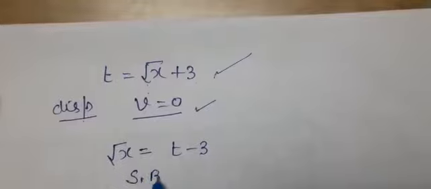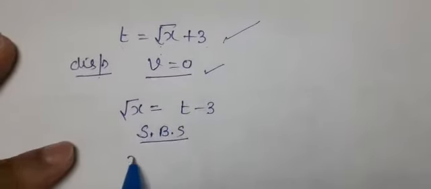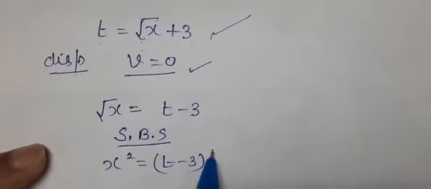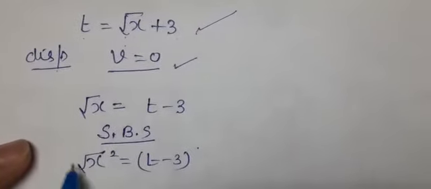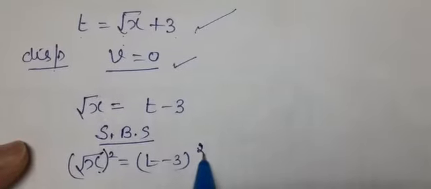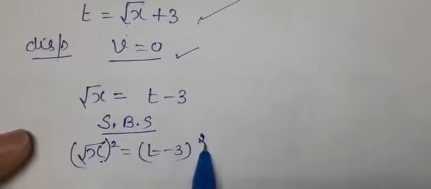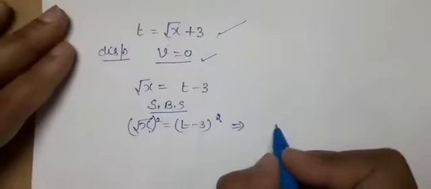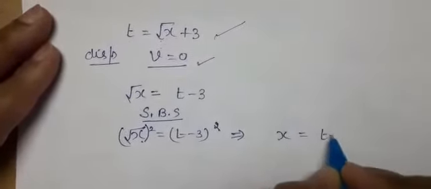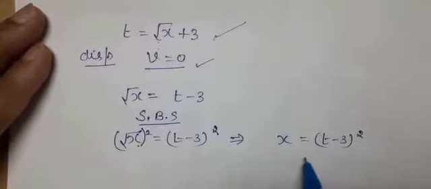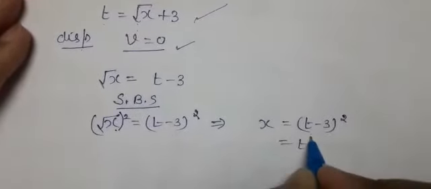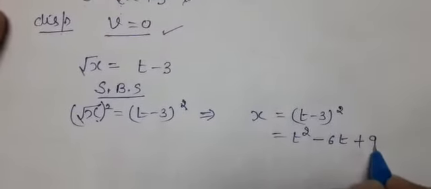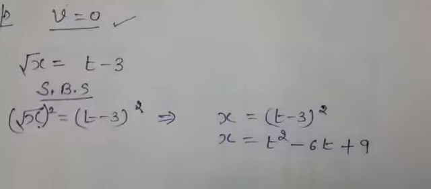Now squaring both sides, x is equal to (t minus 3) square. Now using (a minus b) square, t square minus 6t plus 3 square, that is 9. So x comes out to be t square minus 6t plus 9.